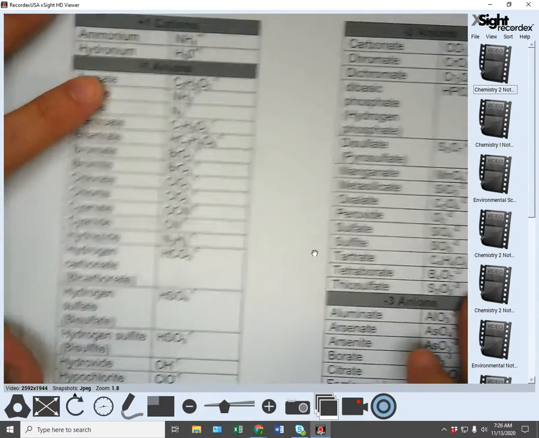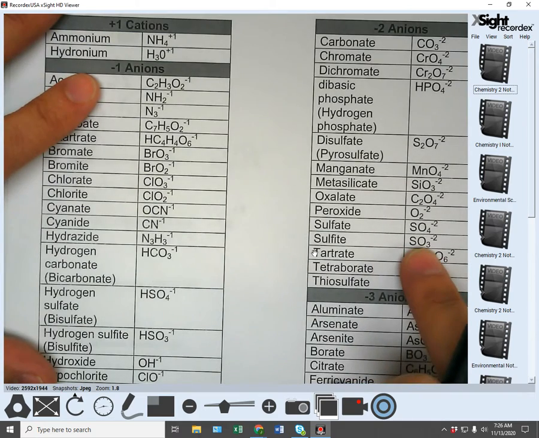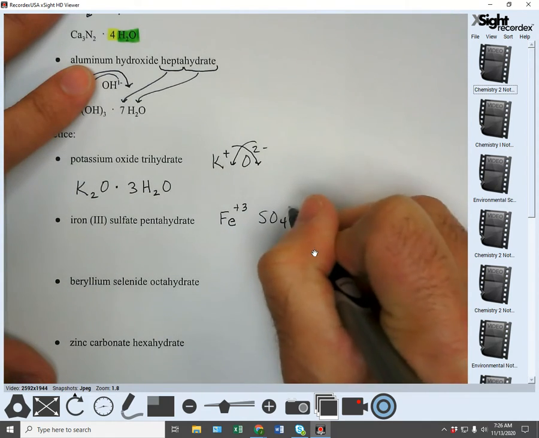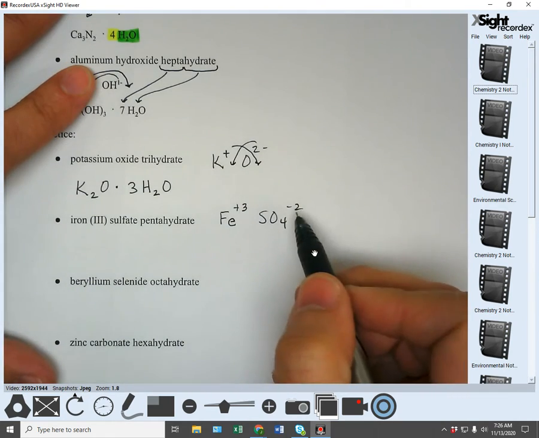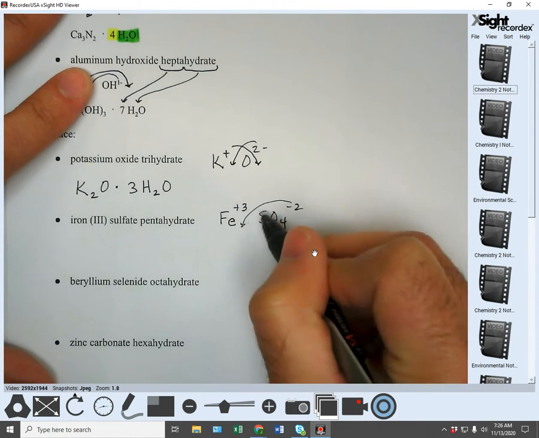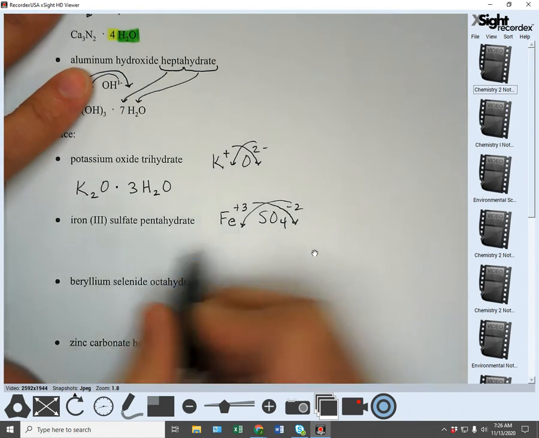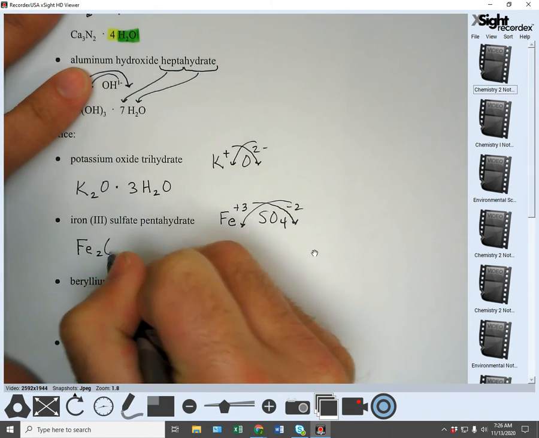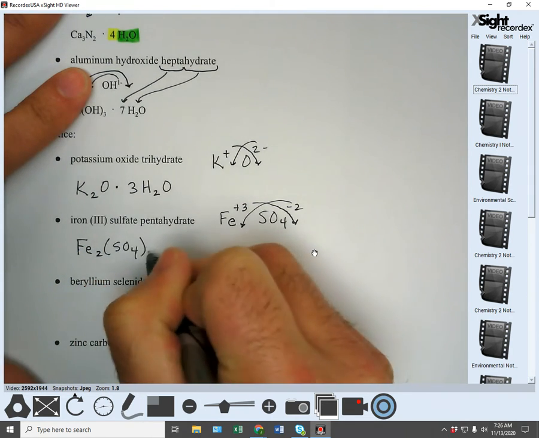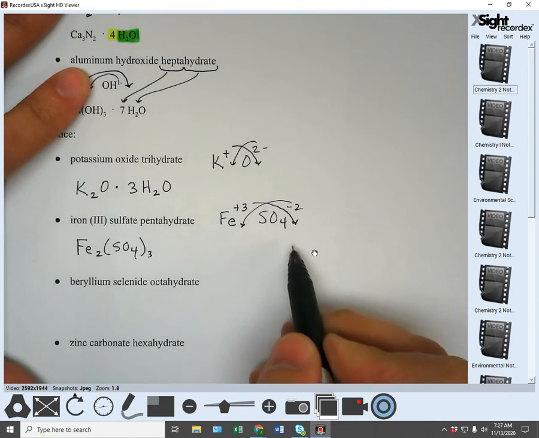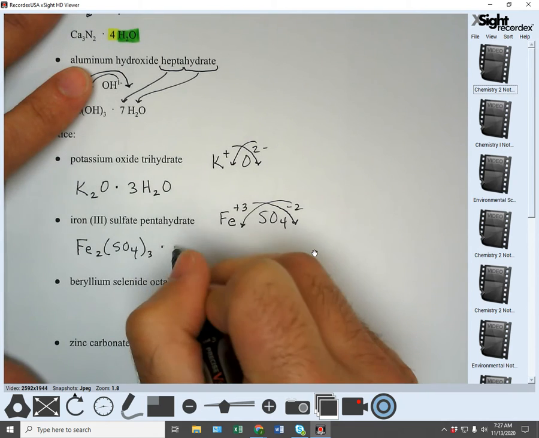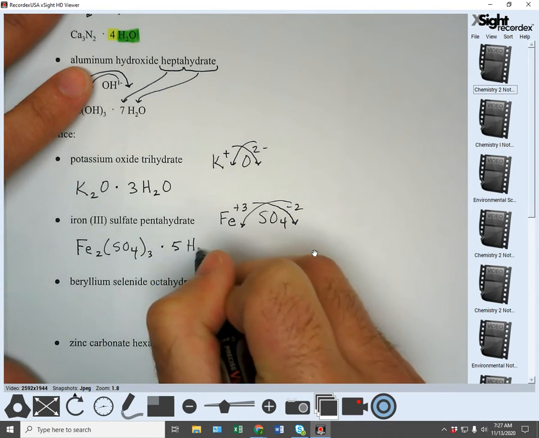So you go here, sulfate, over here, SO4, negative 2. Okay, we look for reduction, we can't, we cross down, and we get Fe2, parenthesis, SO4, parenthesis, 3. The 3 goes on the outside. Pentahydrate, so dot, penta is 5, hydrate, H2O.